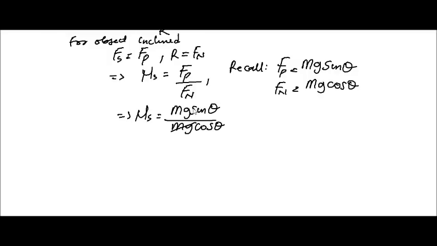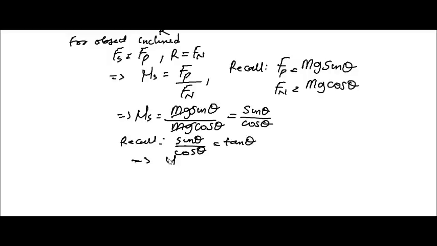So mg cancels, and this gives us sine theta over cos theta. You need to recall from your knowledge of trigonometry that sine theta over cos theta is equal to tan theta. So this implies that coefficient of static friction is equal to tan theta.